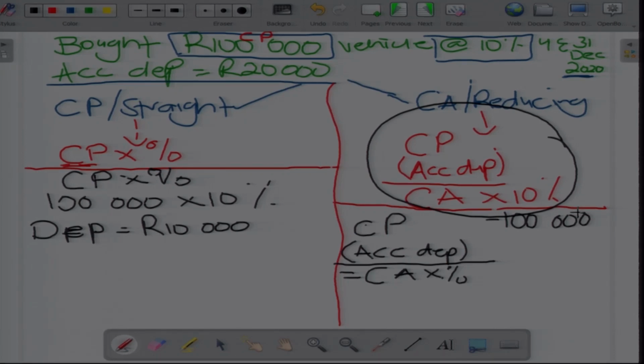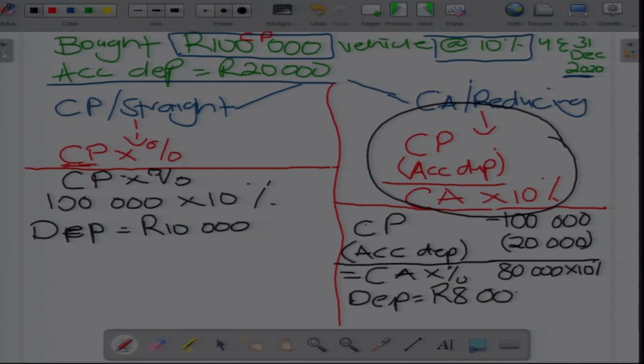What's my cumulative depreciation? 20,000. So what's my value today? 80,000 times 10%. So meaning my depreciation is 8,000. Now, what's the difference between the two? The one just calculates it the same every single year. The other one looks at what's the value today and calculates it on the value.